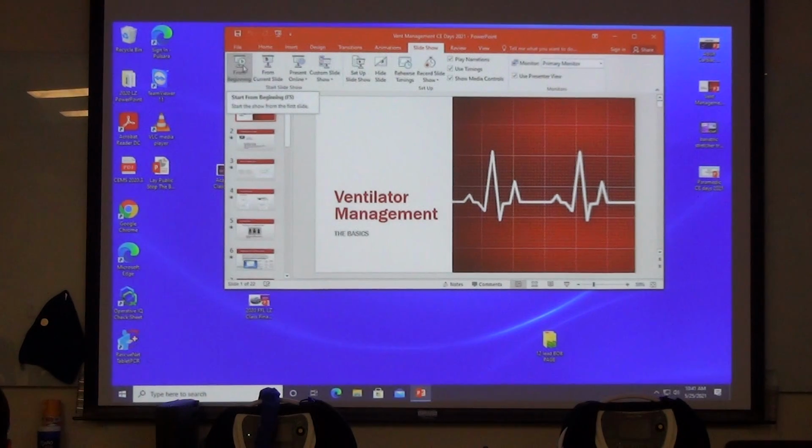On this ventilator, to get your plateau pressure, are you going to hold your manual inspiration button and it'll give it to you? You can. But you don't want to do that every time.